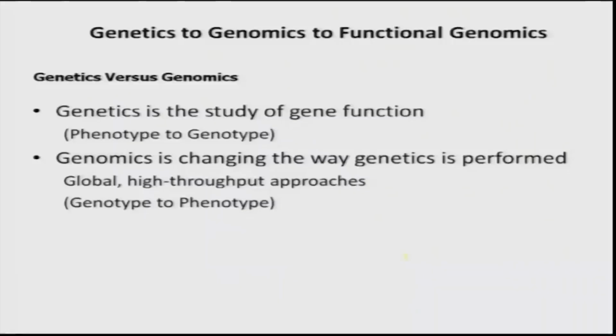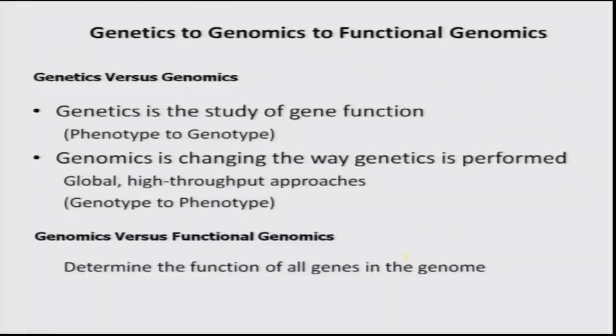A transcription factor may be helping you either to digest a product, or it can be in your vision, or it could be something else. So, the protein per se does not say what is the final function in terms of phenotype. For that, what do you do? You delete the gene and look at the phenotype, right. So, this is genotype to phenotype that was possible from the genomics point of view.